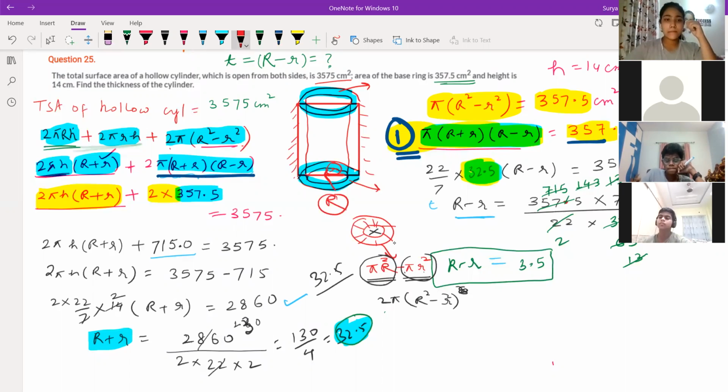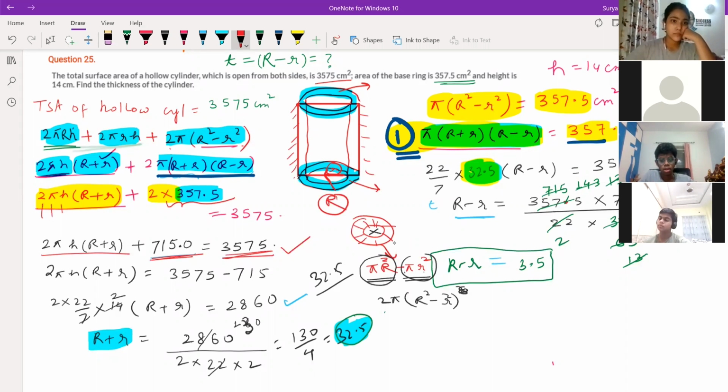Okay. Next, have all of you understood why we got 357.5 from what I first wrote here? From there we got 2 pi h, and we are now putting the value here: 2 pi h (R plus r) into 715 is equal to 3575. Till here it's clear to everyone?